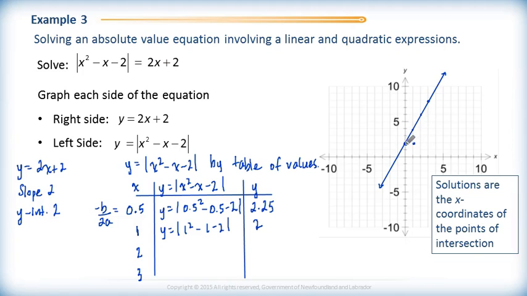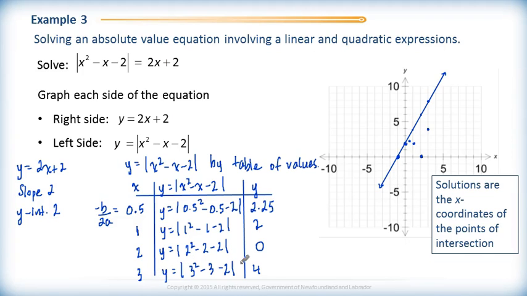So right away I have a point of intersection with the absolute value graph and the line. When I put in 2, I get 0, and that's going to be an x-intercept. And that is 1.5 spaces to the right of the vertex, so 1.5 to the left I've got a corresponding point, and it looks like I've got another point of intersection between the two graphs.